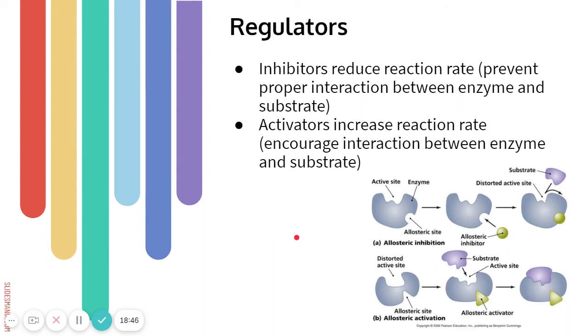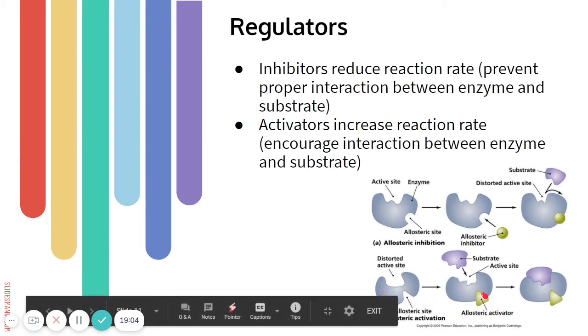And then conversely, activators can increase the reaction rate, so they encourage proper interaction between enzyme and substrate. And this can happen in a couple different ways. Some enzymes, by default, the active site isn't shaped right, and it isn't until something comes in and binds to an activator site that the active site changes to the proper shape for the substrate to come fit in.